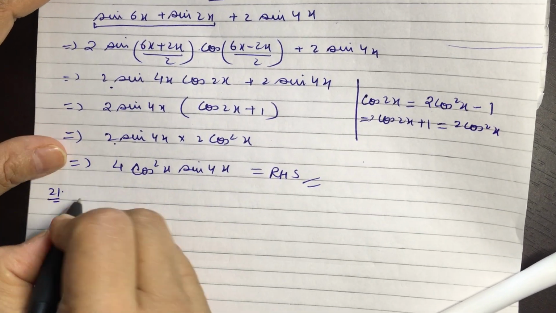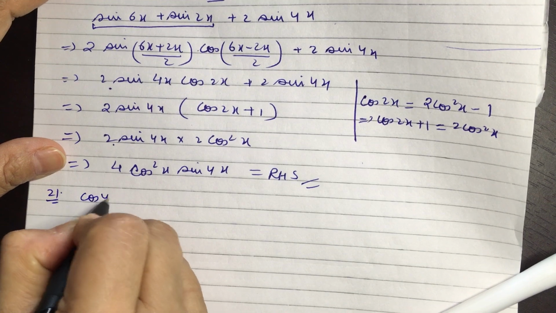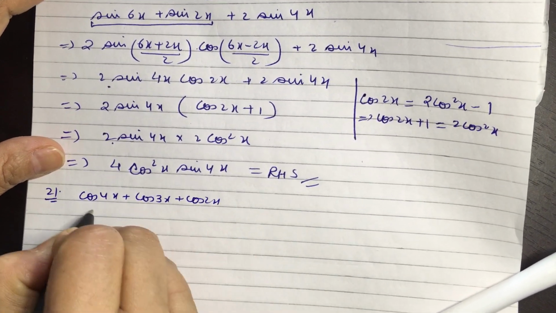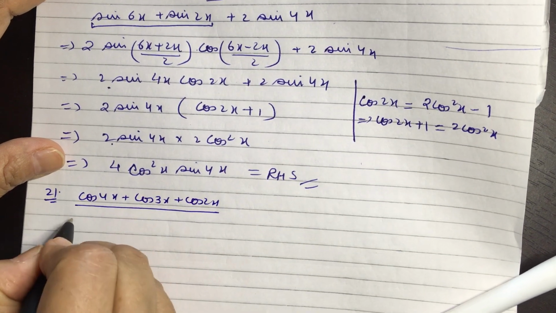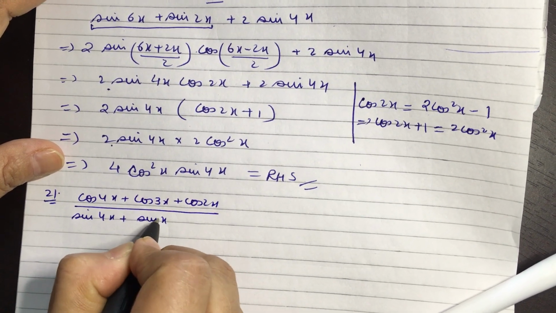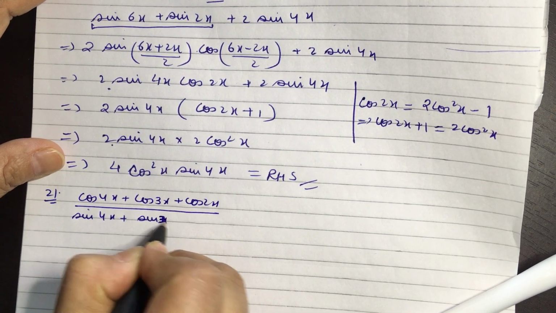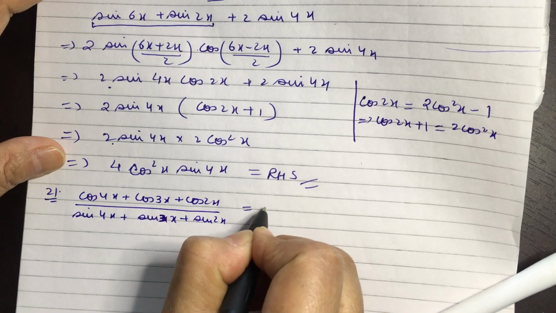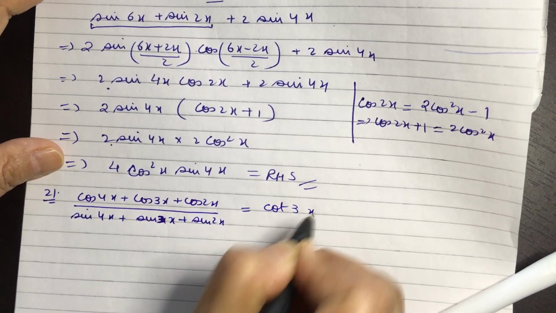In 21 we have a similar thing: cos 4x plus cos 3x plus cos 2x upon sin 4x plus sin 3x plus sin 2x, to be proved equal to cot 3x.